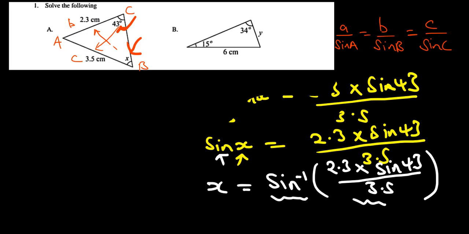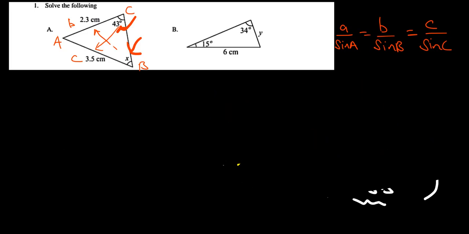On question B, we are still going to use the sine rule. Let this one be A, this one be B, and this one be C. The opposite side to A will be our small letter a, the opposite side to C will be our small letter c, and the opposite side to B will be our small letter b.